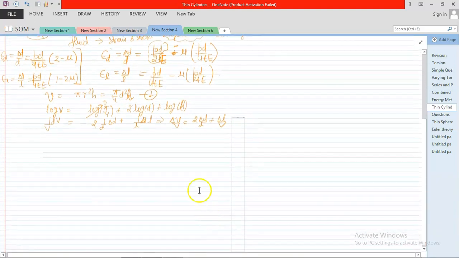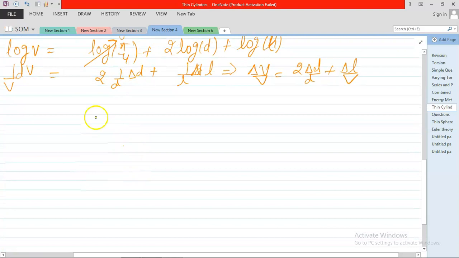So it is diametric strain plus longitudinal strain.